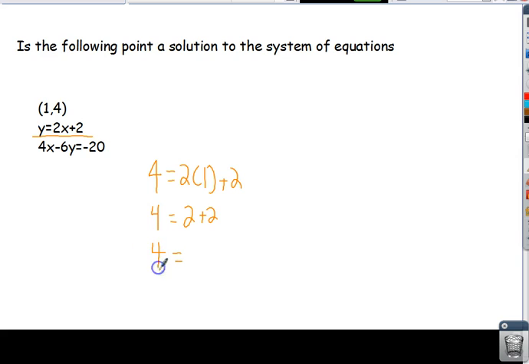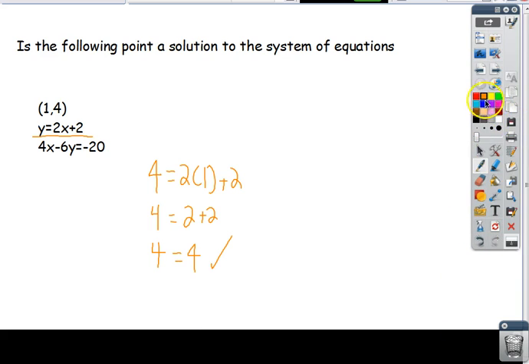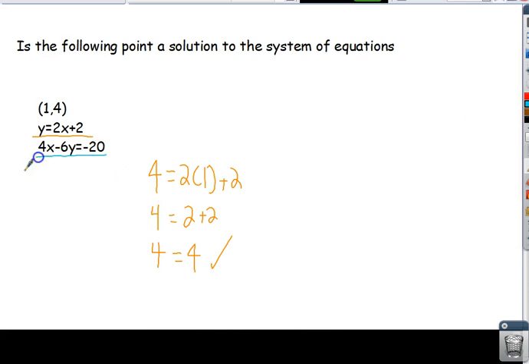That is 4 equals 4. There we go. That's a good solution so far. But it's not the only game in town. So I've got to go check the other one now. So I'm hopeful. I found a place that one person's okay with. Is the other person going to be okay with this now? Well, let's give it a whirl and find out.